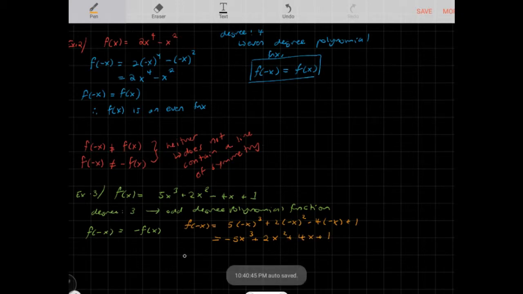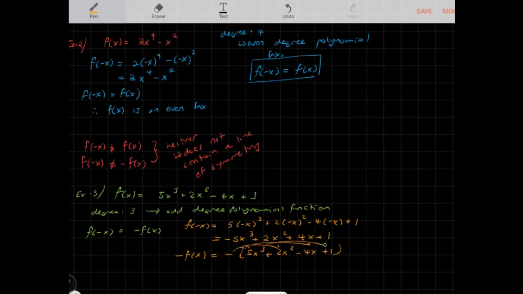And -f(x) here is basically -(5x^3 + 2x^2 - 4x + 1), and if I expand this out, you get -5x^3 - 2x^2 + 4x - 1. And you can notice here that f(-x) is not equal to -f(x). And this was the test for an odd function.